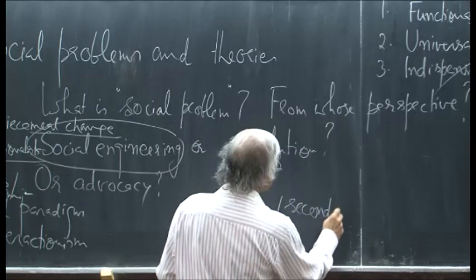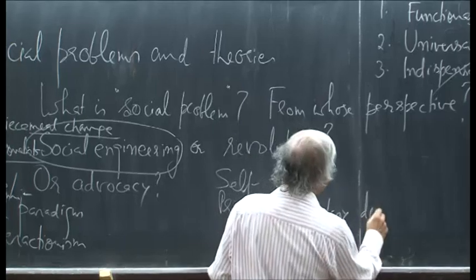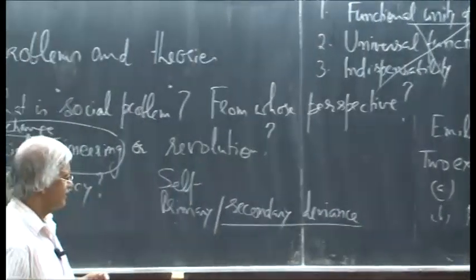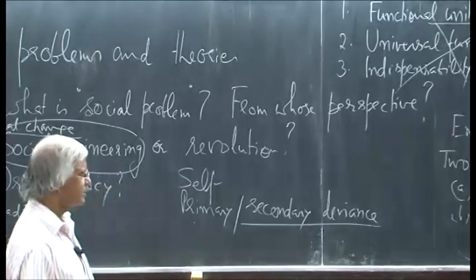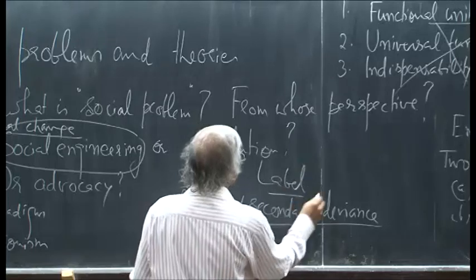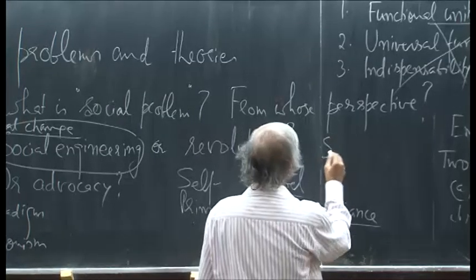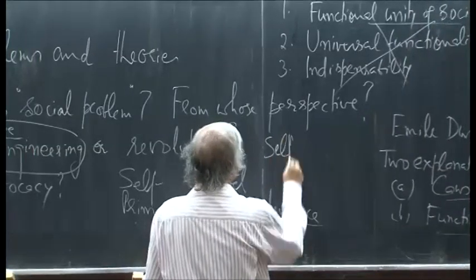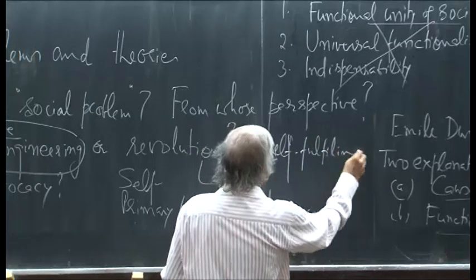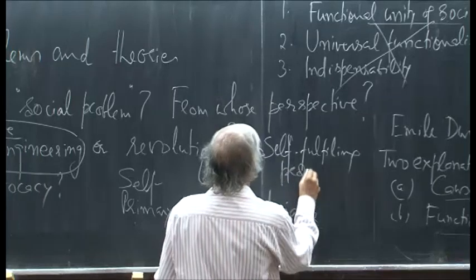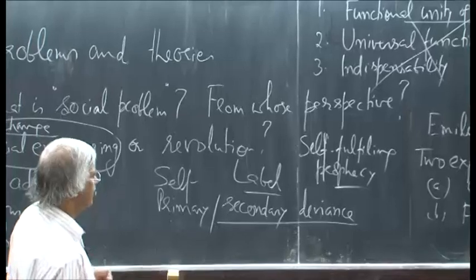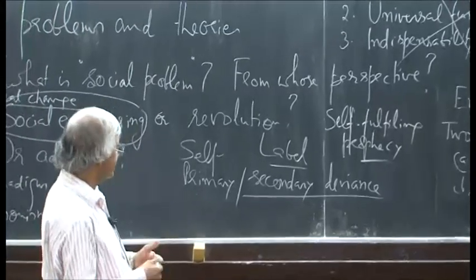It gives more importance to secondary deviance, which is generated by reactions of society toward the deviant. Label, self-fulfilling prophecy, or actualization of self-image.